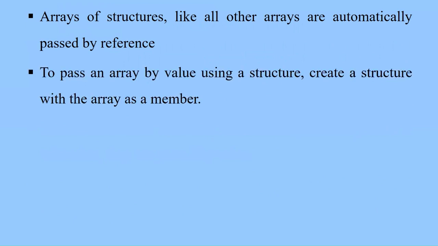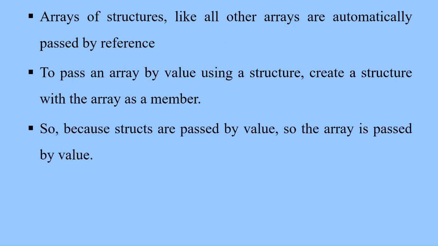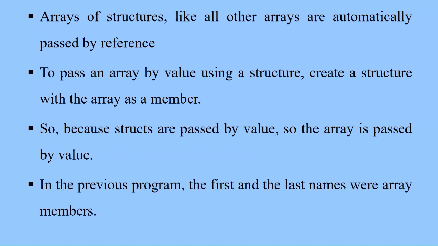Arrays of structures, like all other arrays, are automatically passed by reference. To pass an array by value using a structure, you create a structure with the array as a member. So, because structs are passed by value, the array is passed by value. In the previous program, the first and the last names were array members.